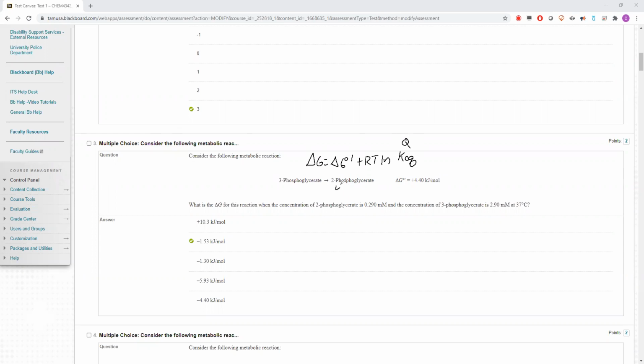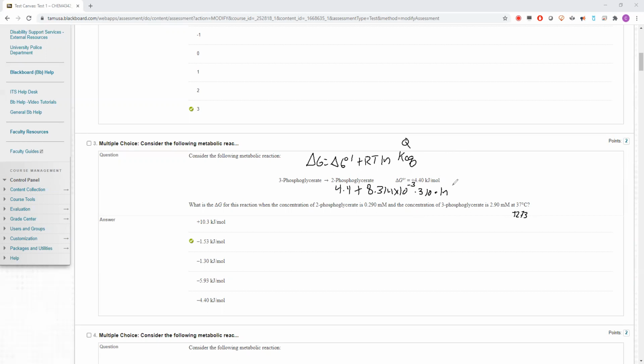So we have 4.4 plus R, 8.314 times 10 to the -3. It's to the -3 because we want to work in kilojoules, times temperature in Kelvin. So it's 273 plus 37, which is 310, times ln of products over reactants.